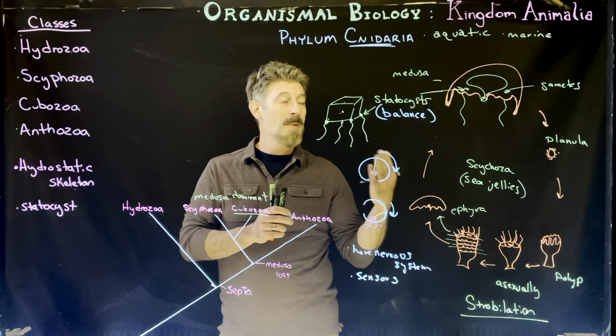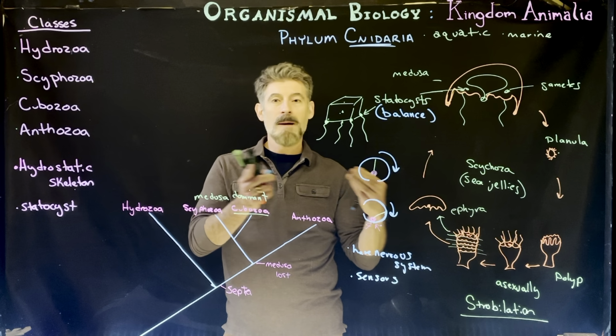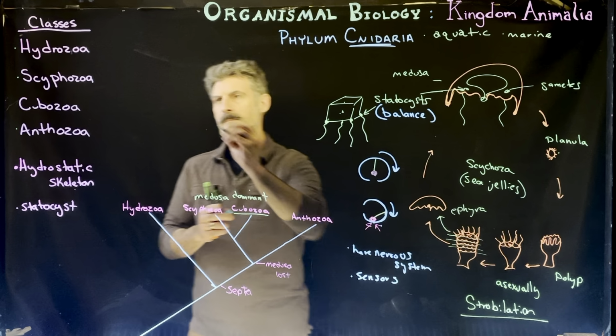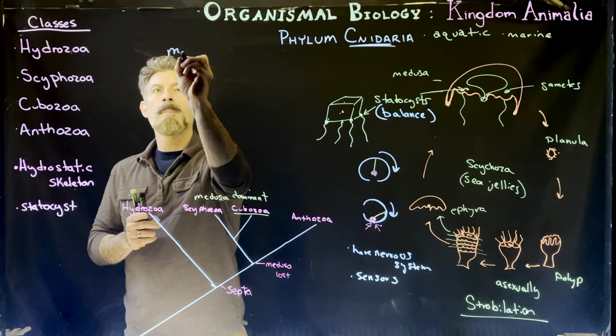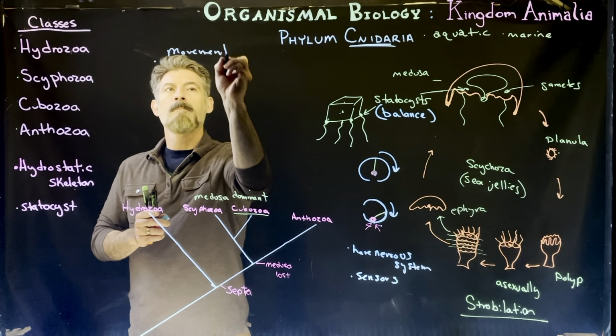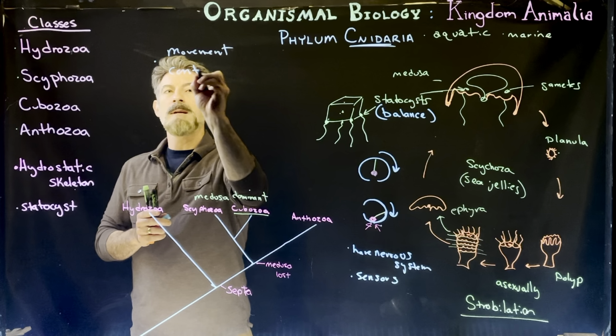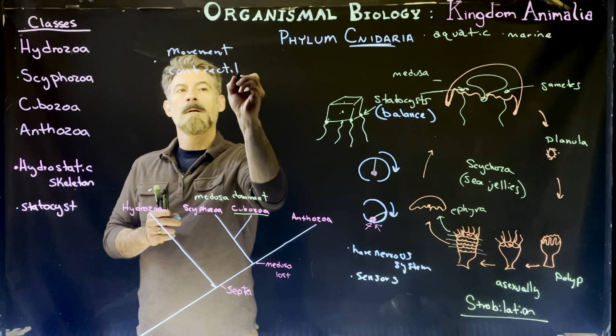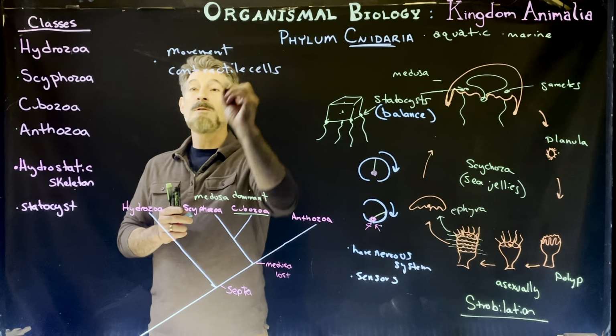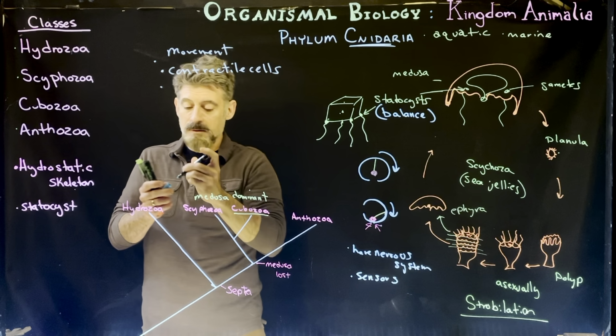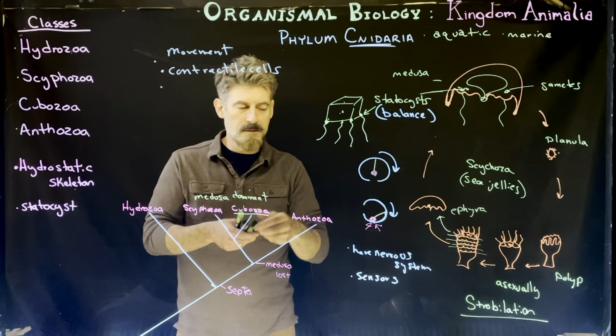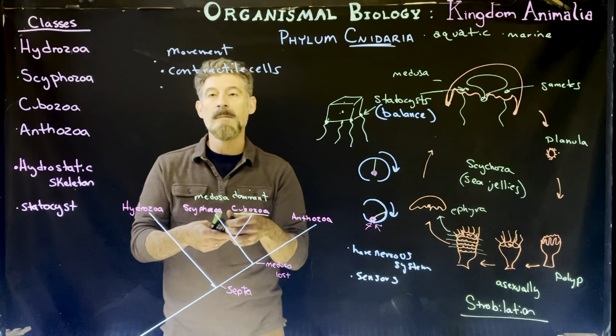I said they do not have a muscular system. There are a couple of things you need for movement. You're going to need some kind of contractile cells, which are usually muscle cells, but in this case we said they don't have muscle cells, so let's call them contractile cells, cells that can contract and change shape.